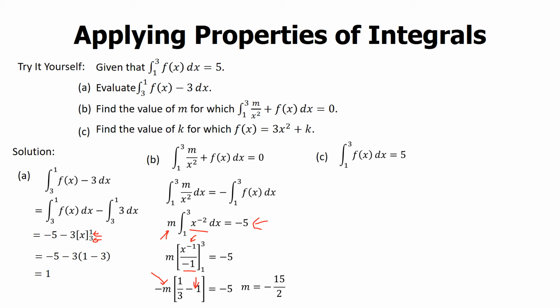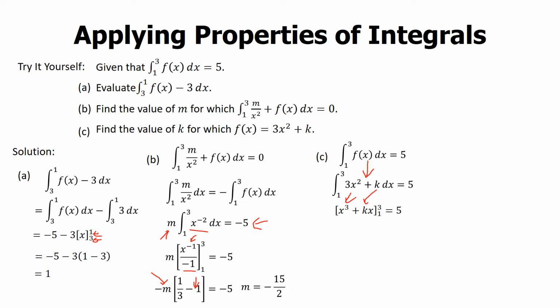For C, it is given that integration from 1 to 3 f(x) dx equals 5, and f(x) is 3x squared plus k, so we just substitute f(x) into the integration. We get integration from 1 to 3 of 3x squared plus k dx equals 5. Then we can start to integrate. Integration of 3x squared gives x cubed. Integrate k, we get kx.